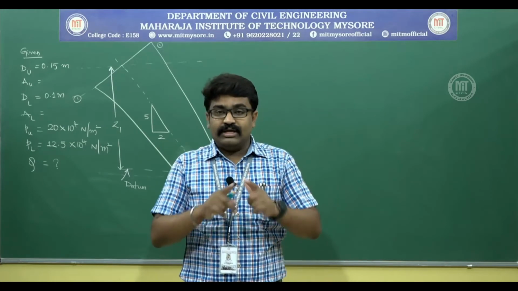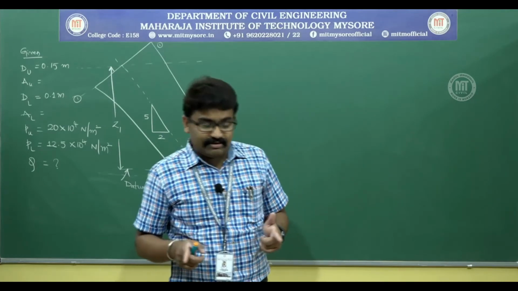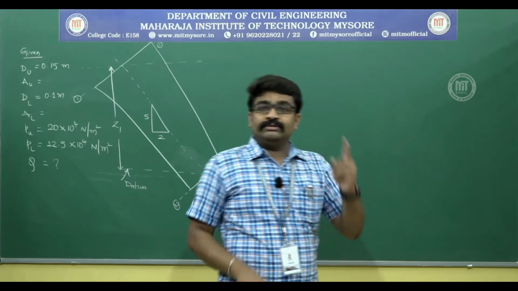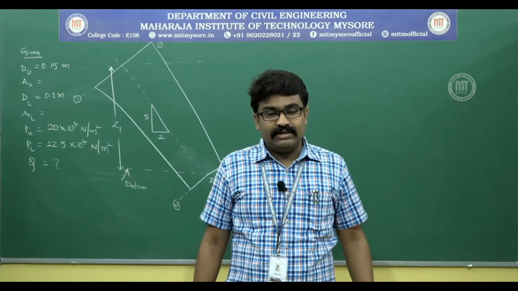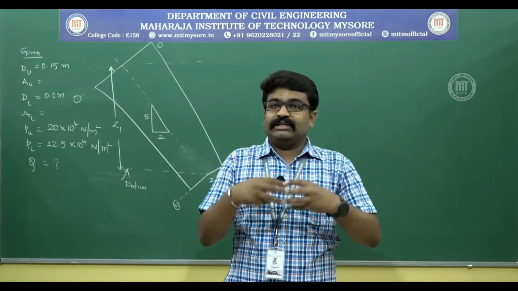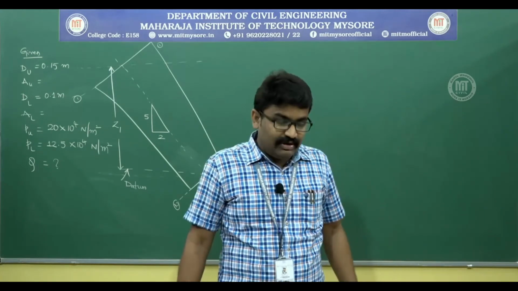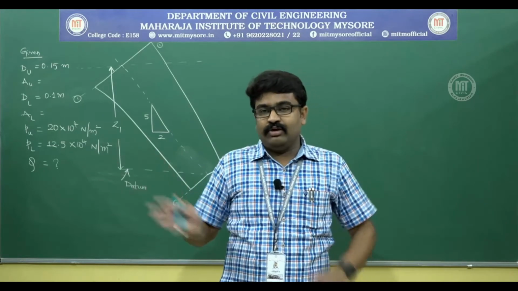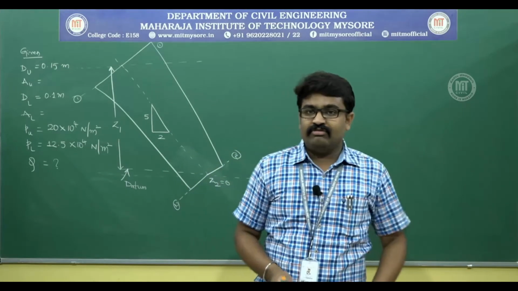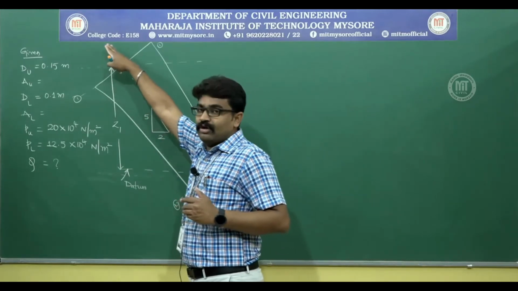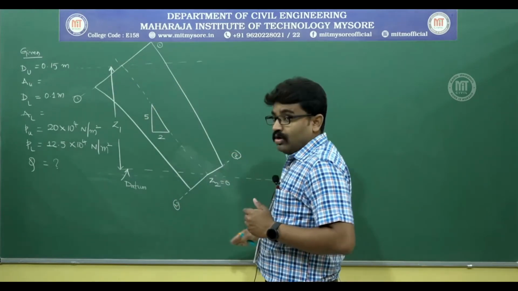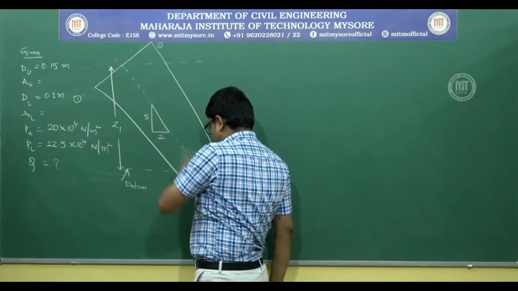Now what is unknown is V1 and V2 in Bernoulli's equation. There are two unknowns in one equation, you cannot solve it. So what needs to be done? You will have to converge them into one unknown. You will have to keep either V1 in terms of V2 or V2 in terms of V1. What helps me is the continuity equation. Assuming that the flow is taking place from the upper side to lower side, A1 V1 is equal to A2 V2.